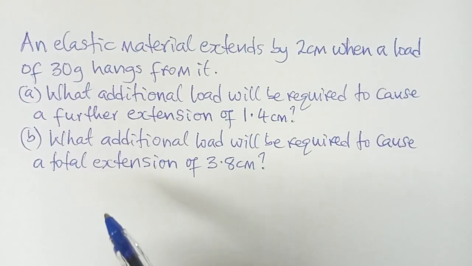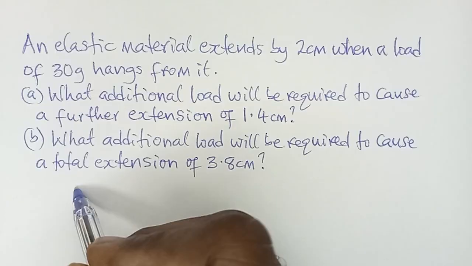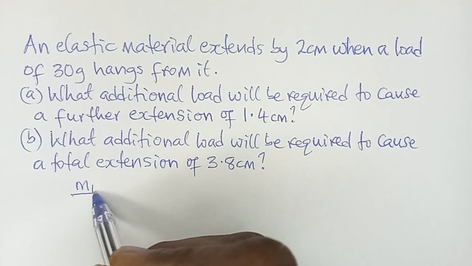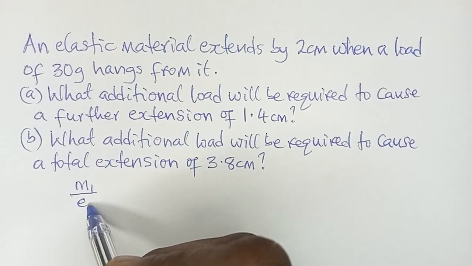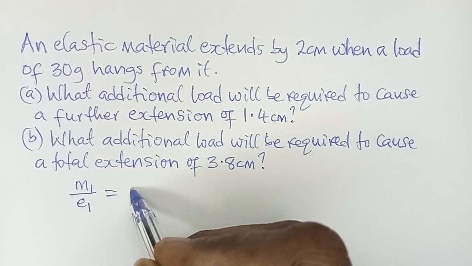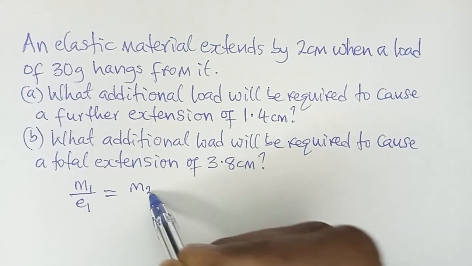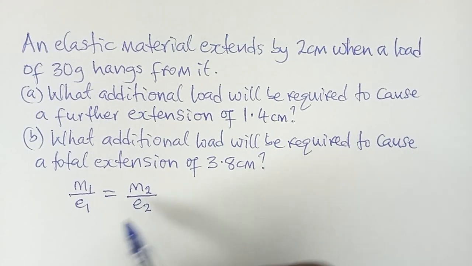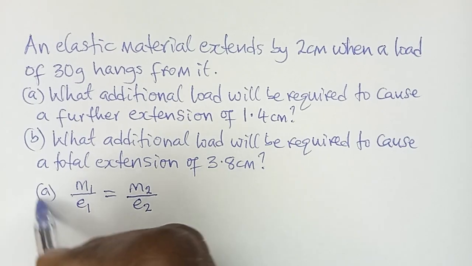So in a case like this, we can simply say the first mass divided by the first extension, E1, is equal to the second mass divided by the second extension. So I'll call this solution to question A.